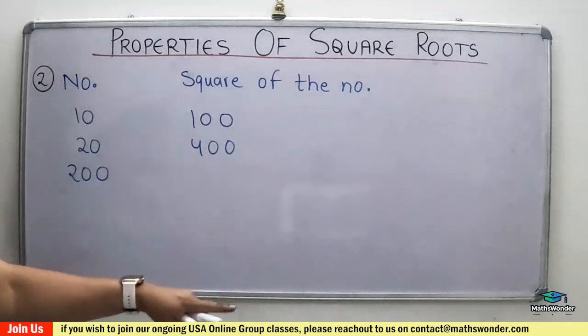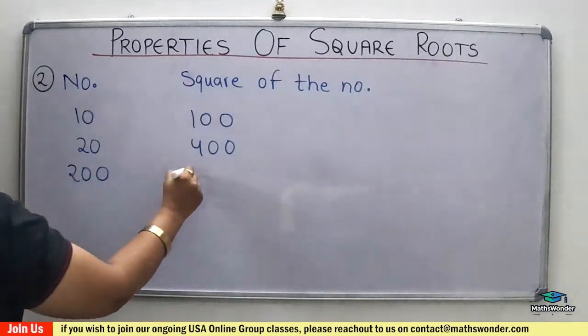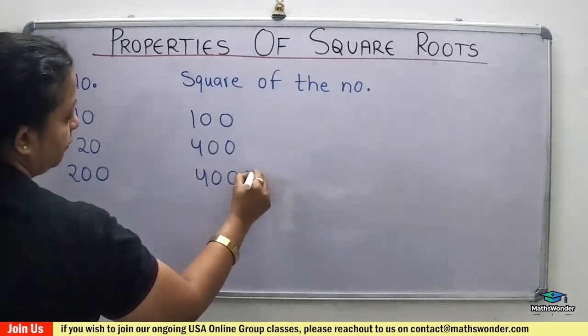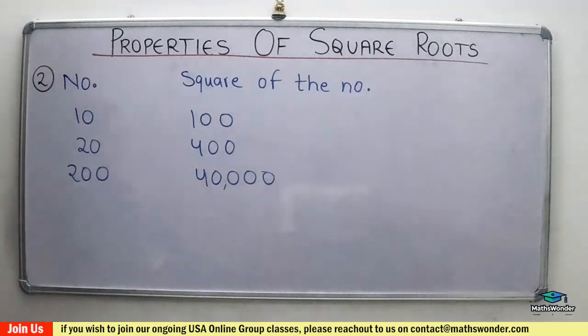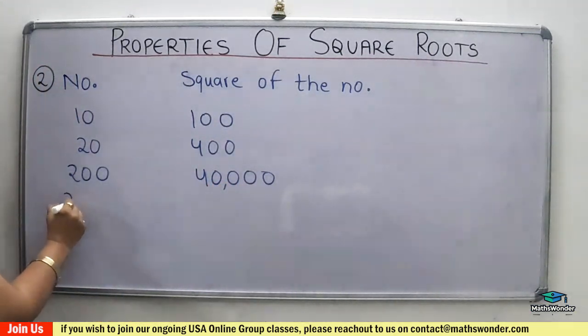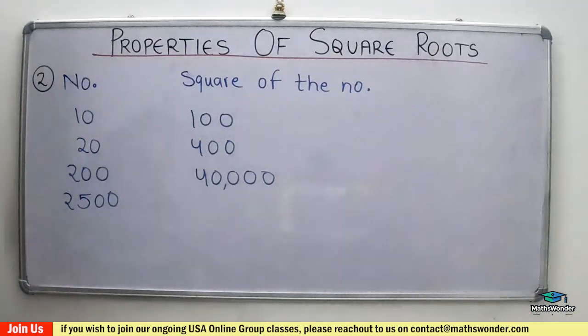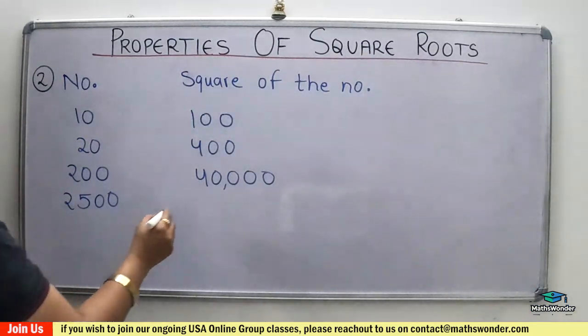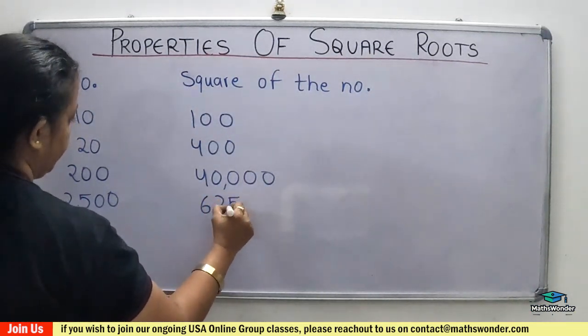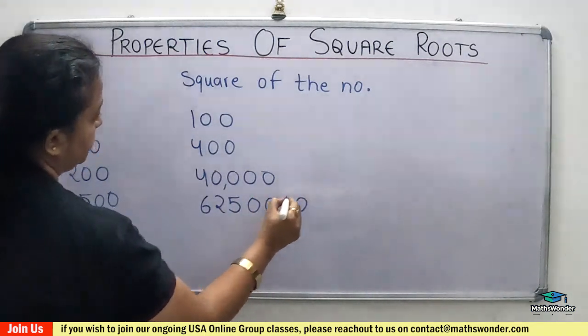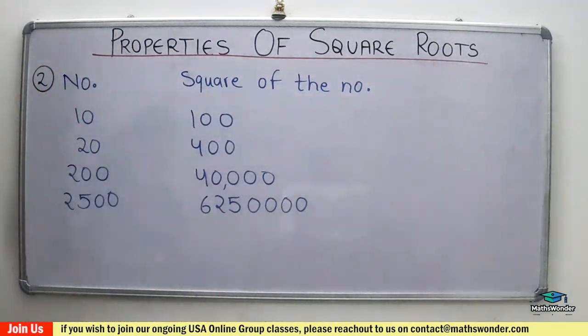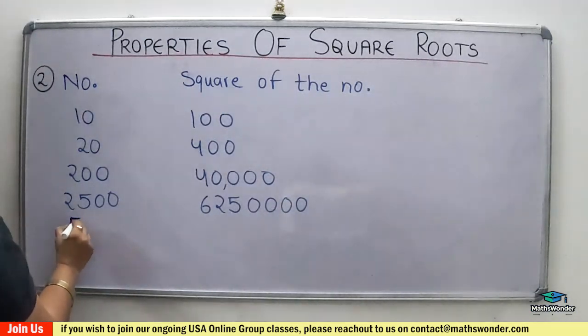Now you will double the zeros. So there will be 40,000. Then we have 2500. Even number of zeros because 2 zeros are here, and 2 is an even number. So the answer will be 625 with 4 zeros. Then 5,000.